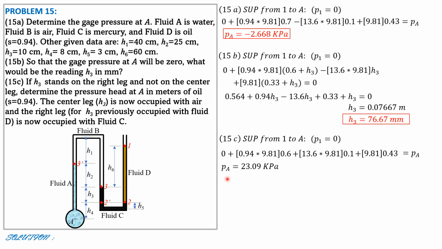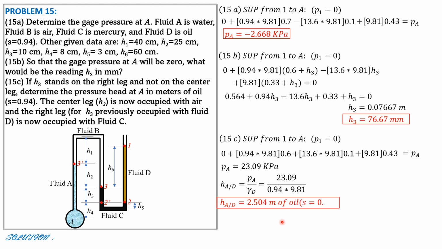So the pressure head is pressure at A divided by specific weight of fluid D, which is 0.94 times 9.81. So 23.09 divided by 0.94 times 9.81. So the pressure head at A in terms of fluid D is equal to 2.504 meters of oil of specific gravity 0.94. So that's it for this problem.